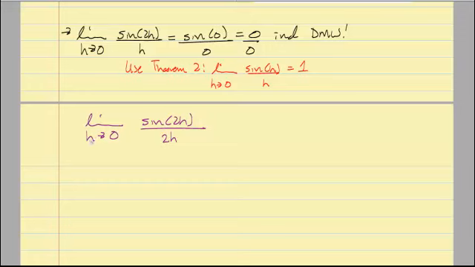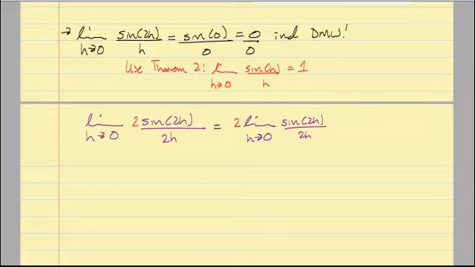Okay, and of course as we're approaching 0, whether it's h or 2h, that still goes towards 0. But you can't just arbitrarily divide by 2, you have to multiply by 2 as well. So what this ends up looking like is pulling that 2 out front, and then we're left with the limit as h approaches 0 of the sine of 2h over 2h.